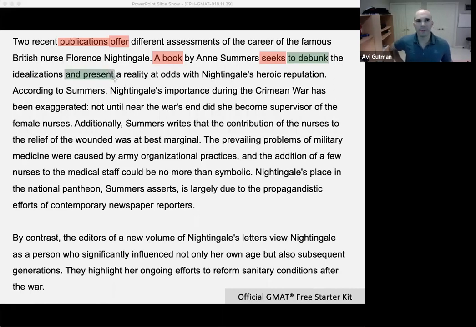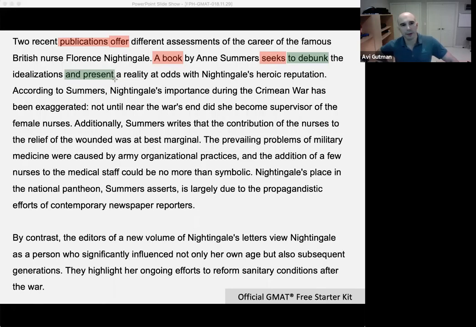How did you know that? How did you know that present doesn't go with seeks? Why can't the book do seeks and present? Why is that not an option? How do you know? Why can't the book seek to do something and also present something?